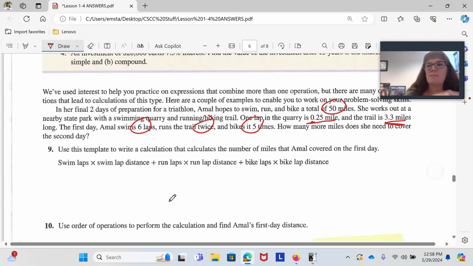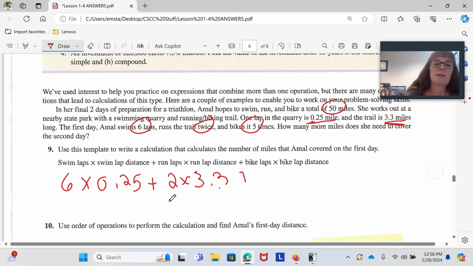So, to give us a template here, it says take the number of swim laps, which I guess I forgot to mark these down too. All that information, sometimes that's the hardest part of a word problem, is pulling out the information. She swam 6 laps, and the swim lap distance was 0.25. She ran the trail twice, and the distance for running was 3.3.